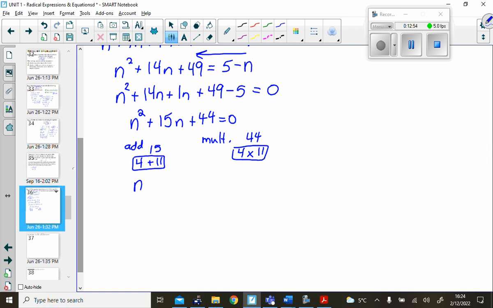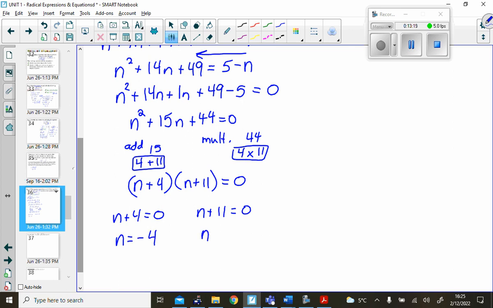You then break that up into n plus 4 and n plus 11 equals 0. That lets you get two solutions. You set the first bracket equal to 0 and the second bracket equal to 0 and solve each. So n equals negative 4 and n equals negative 11. Both of those answers could be correct.